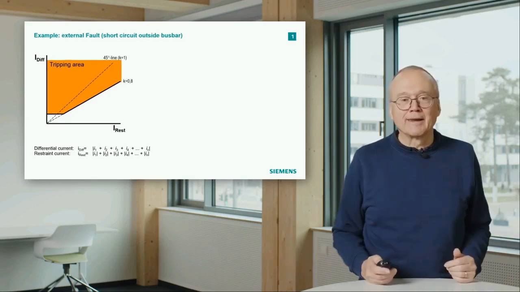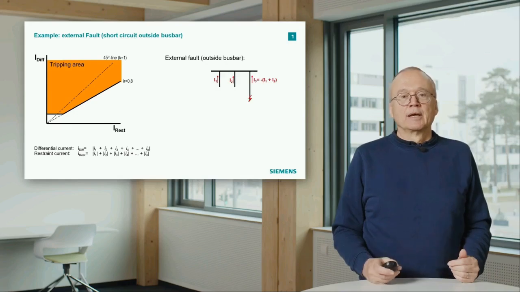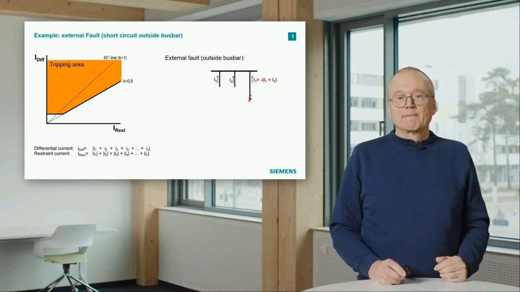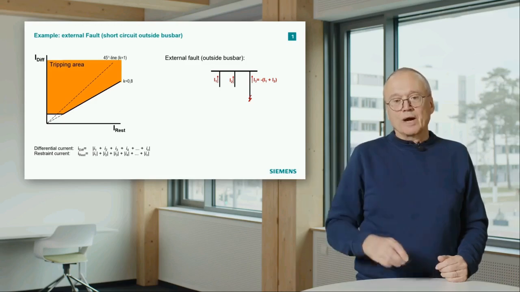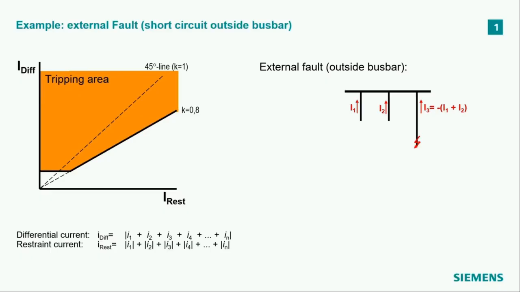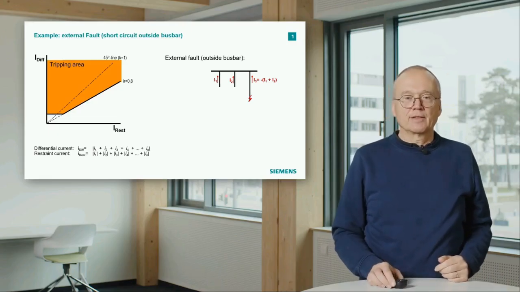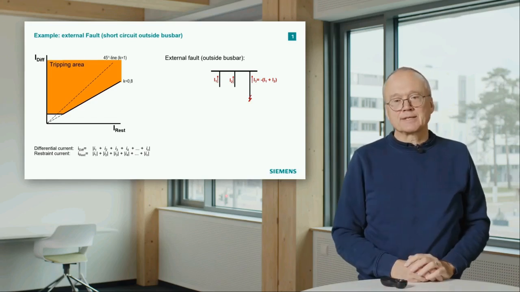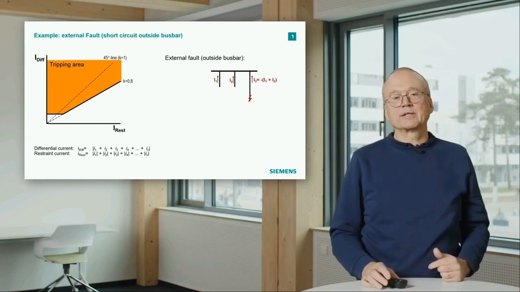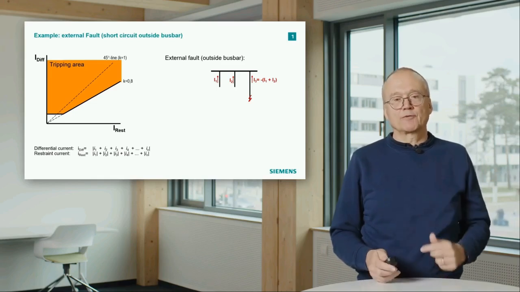So let's look at an external fault. We have here the busbar. We have a fault in one feeder, and that means we have fault current, in this case, coming via the two feeders to the busbar and then flowing into our external fault. That means the current transformer in the rightmost feeder sees outgoing current equal to the sum of the two other currents.